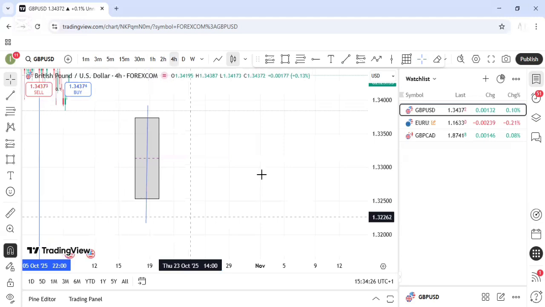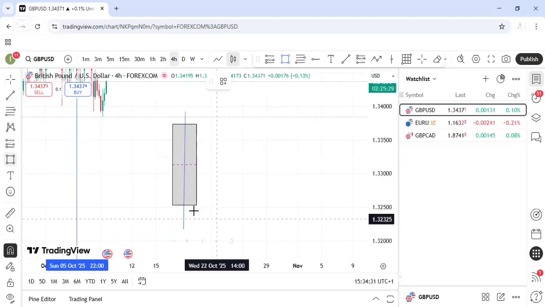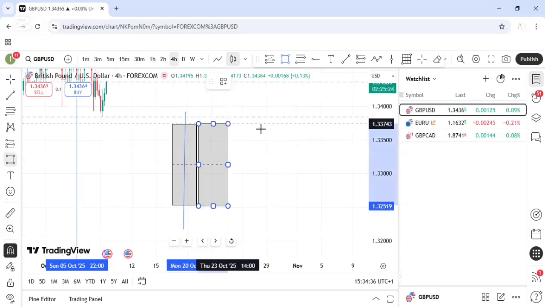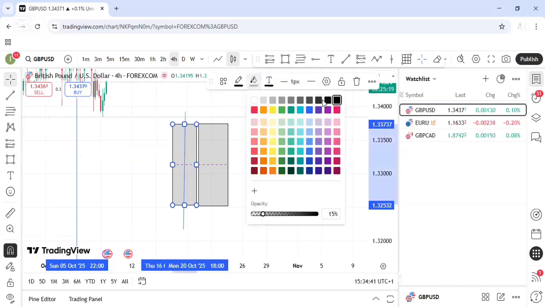So we have two candles open side by side, right? And one of the candles is, in this case, let's just use a bearish candle. So we're going to use black.